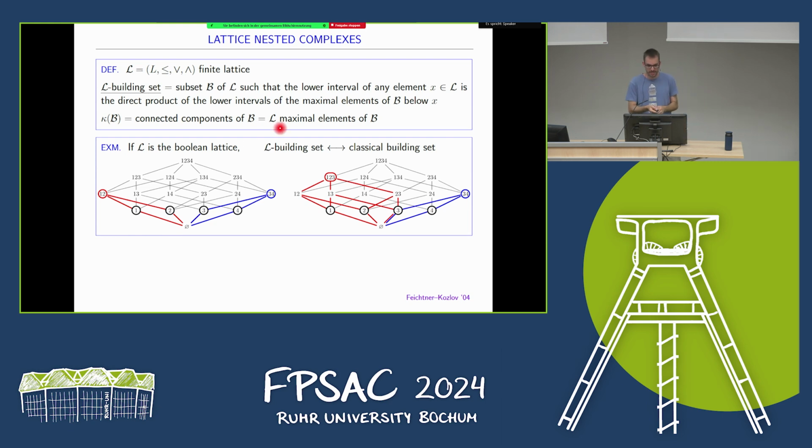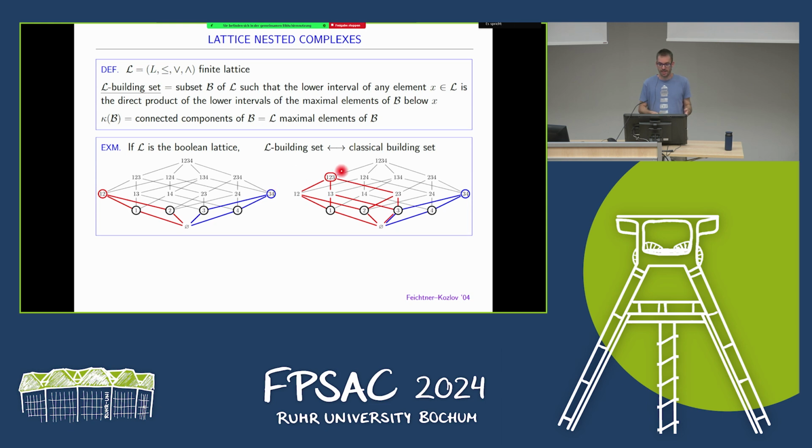Let me try to parse it on an example here, which is just a Boolean case. So I look at this Boolean lattice, and here I decided to take in B the elements which are circled. And now if I look at 1, 2, 3, 4, the maximal elements below 1, 2, 3, 4 are 1, 2 and 3, 4. And indeed, the Boolean lattice below 1, 2, 3, 4 is a product of the Boolean lattice below 1, 2 by the Boolean lattice below 3, 4.